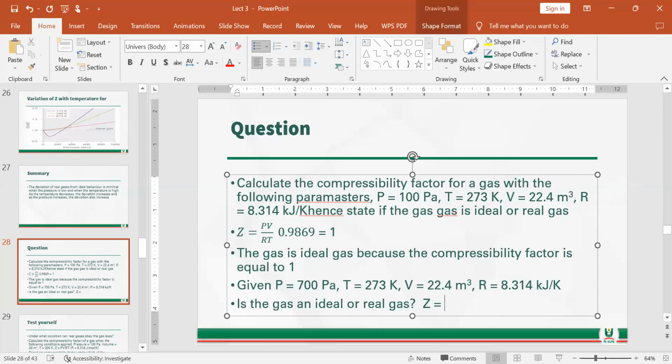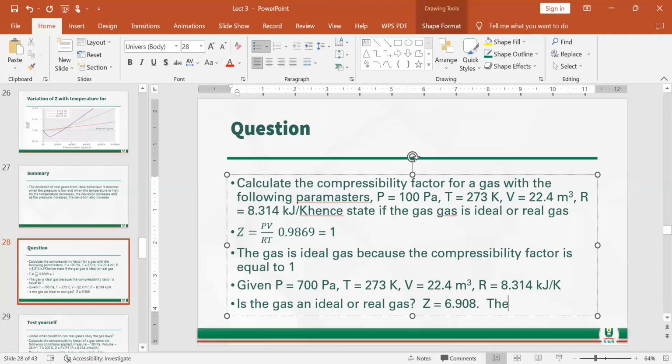Pressure times volume: 700 times the volume, 22.4, is equal to 15680, divided by 8.314, divided by the temperature, 273. So the answer is equal to 6908. So can the gas be said to be ideal?